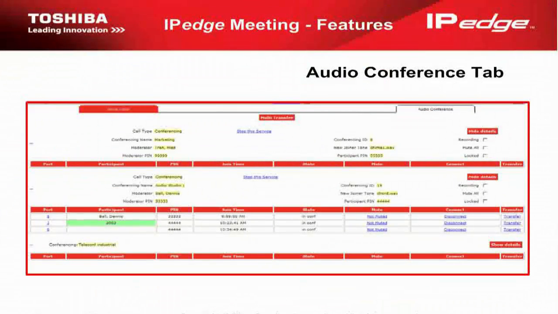The detailed view displays the following additional information for the conference: call type, conference name, moderator PIN, conference ID, new joiner tone, and participant PIN.